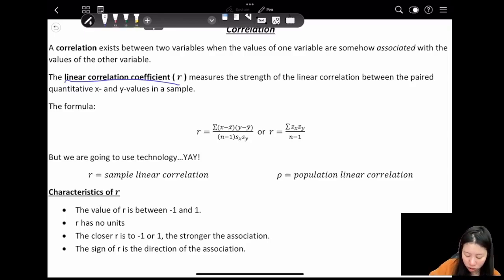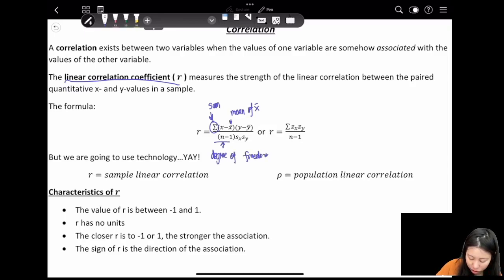The formula means the sum of each x minus the mean of x, times each y minus the mean of y, where x bar and y bar mean the mean, and then n minus 1 is the degree of freedom, divided by s sub x, the standard deviation of x, times the standard deviation of y.